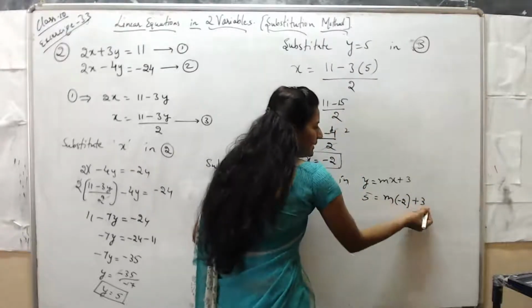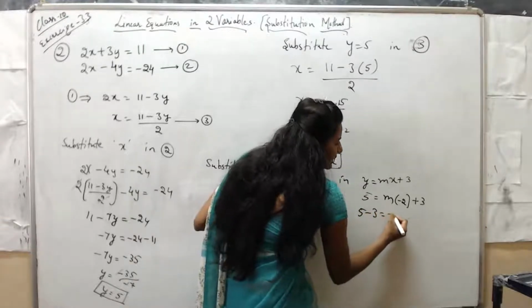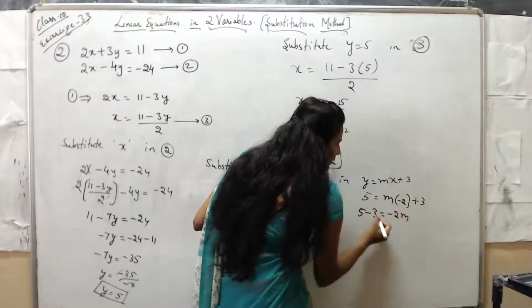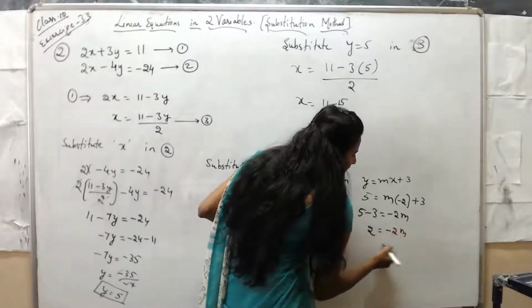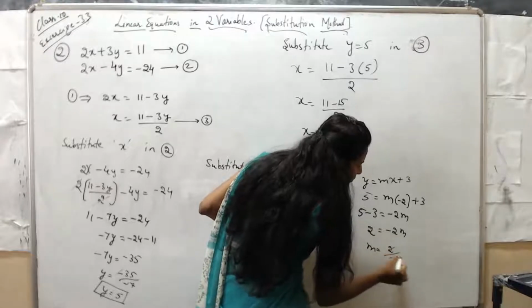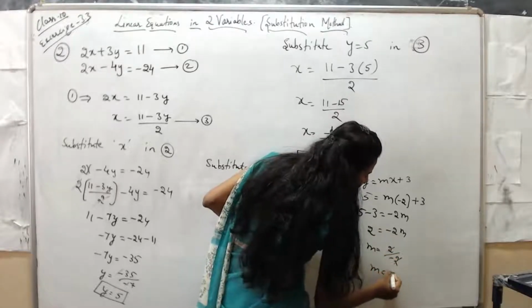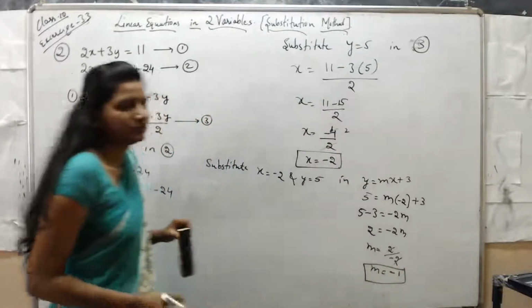See here, plus 3 comes to the left hand side. What happens? Minus 3. This is minus 2m. 5 minus 3 is 2. So 2 is equal to minus 2m. So m is equal to 2 divided by minus 2. The 2 and 2 cancel, m is equal to minus 1.